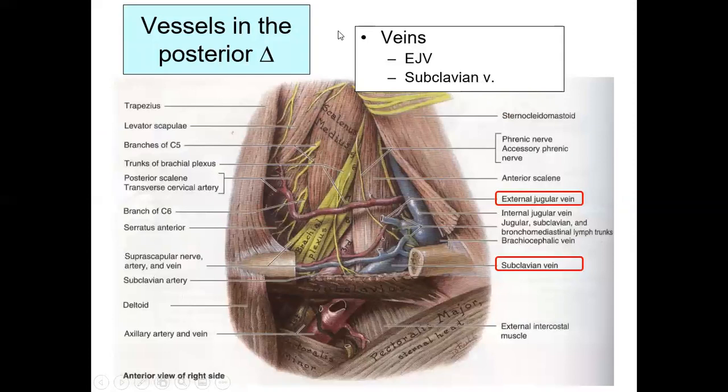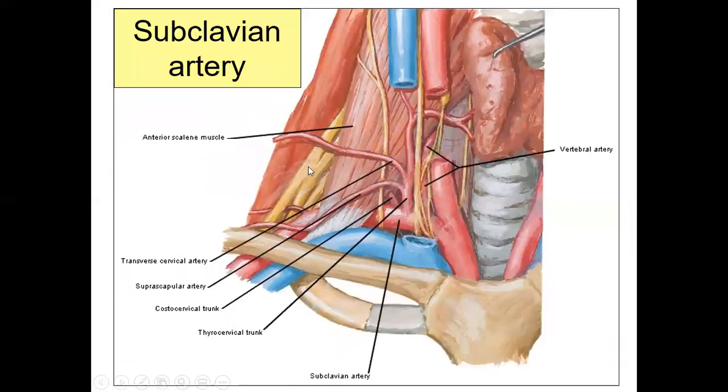For the veins, we have the external jugular vein that is present in the posterior triangle of the neck, and also the subclavian vein. This is the subclavian artery.